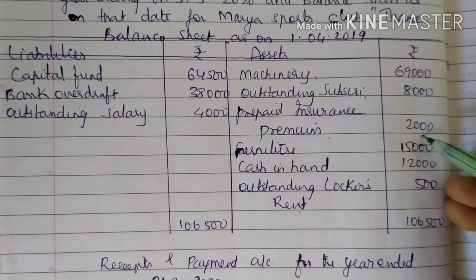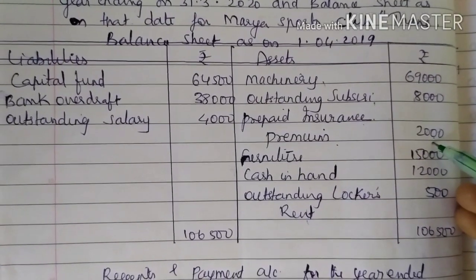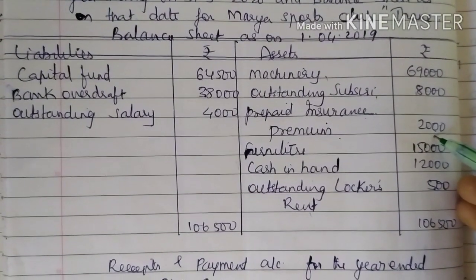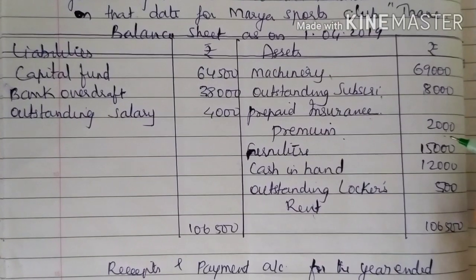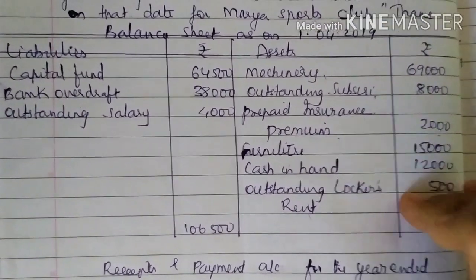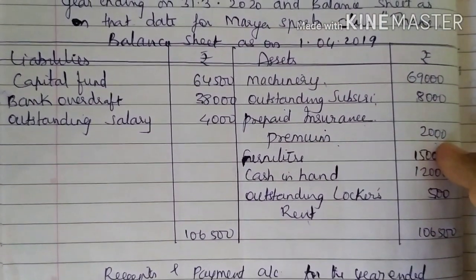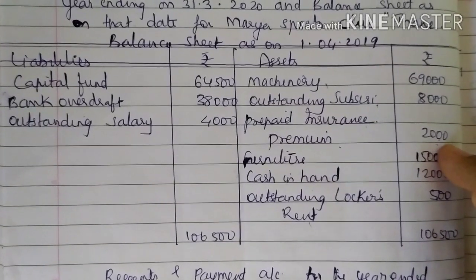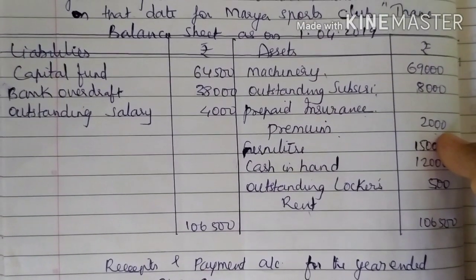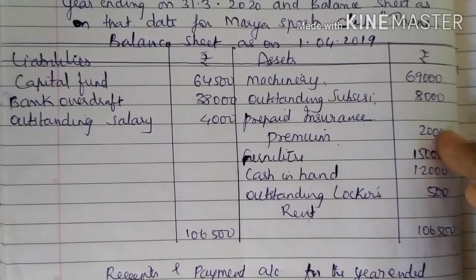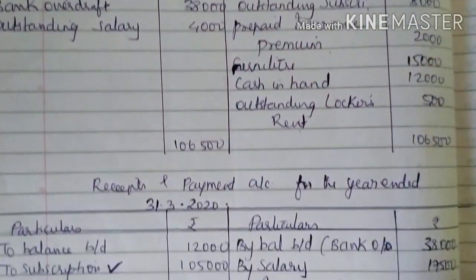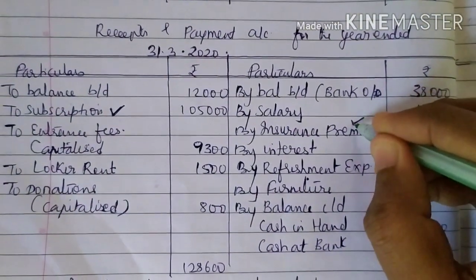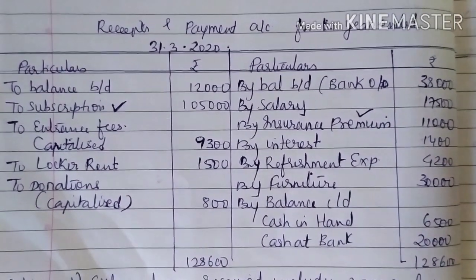It means this is the insurance premium of the current year, because this was prepaid in the previous year. See, this is the balance sheet of last year. It is shown that the insurance premium is prepaid in the last year. If it is prepaid, that means it is paid for the current year. So it is having an adjustment. So put tick mark across insurance premium.